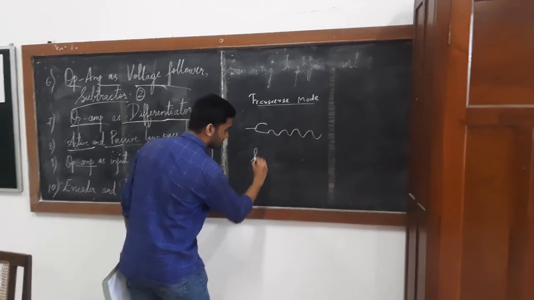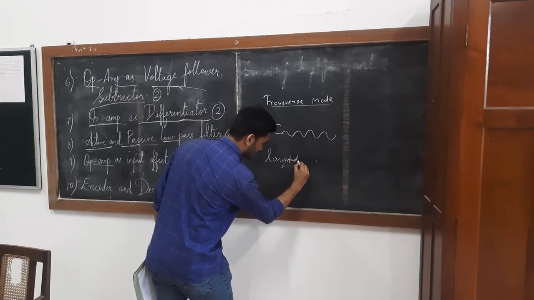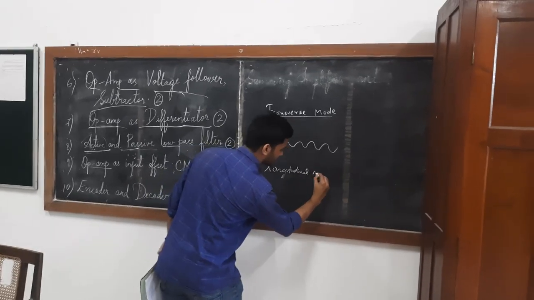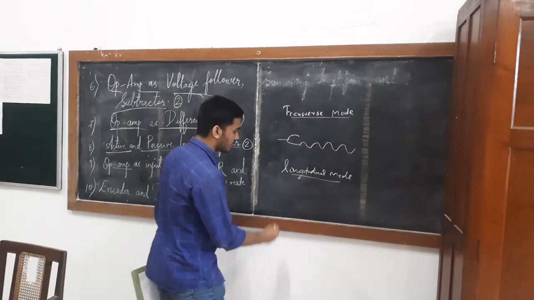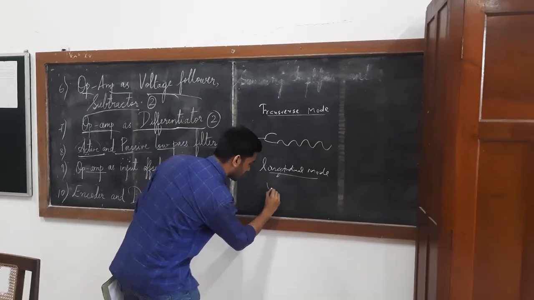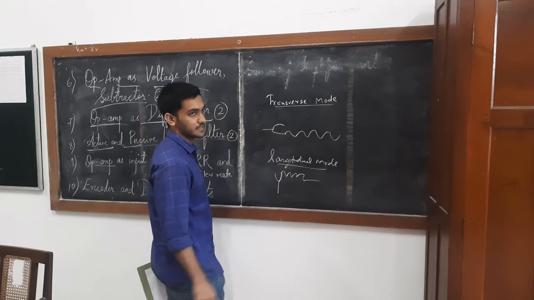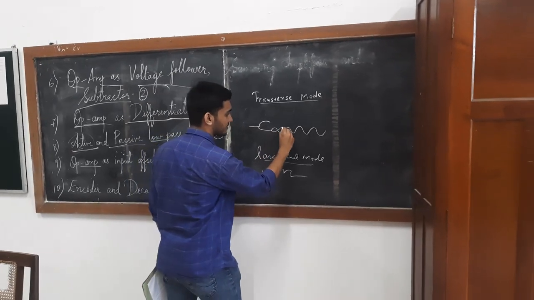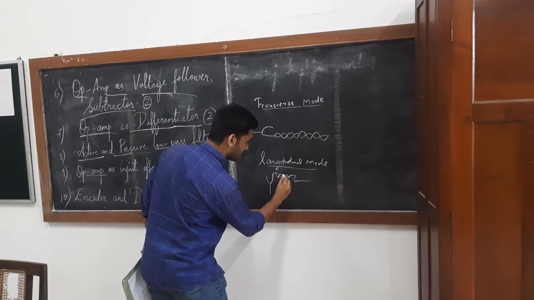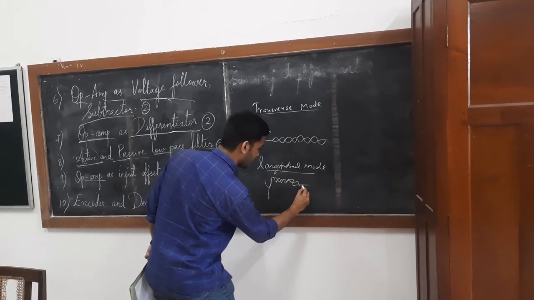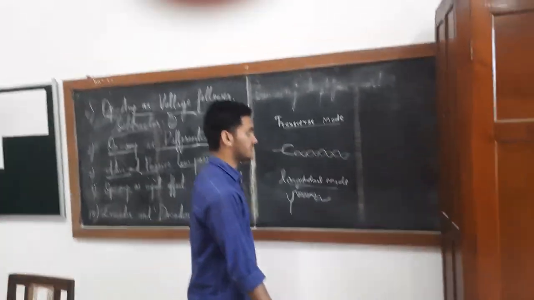There is also the longitudinal mode, where we keep the vibrator perpendicular to the string, and we get a wave like this. This is a standing wave pattern. In this way, there are two equations which we have.